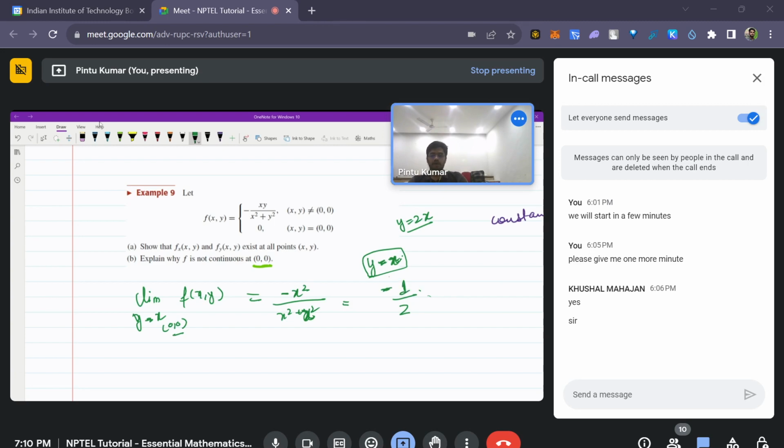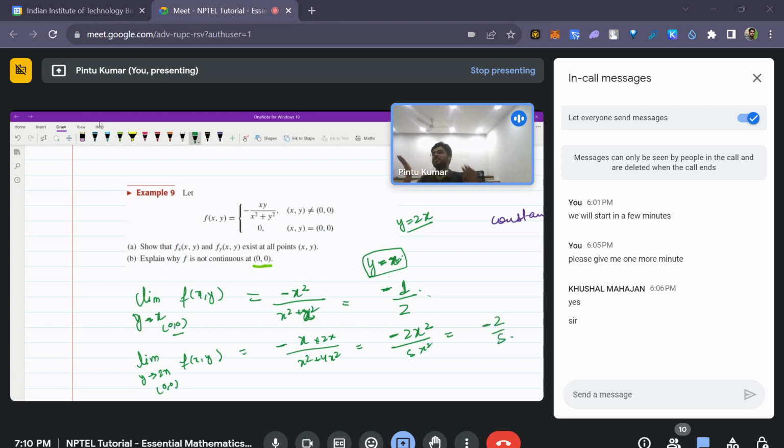And let's look at the other one, which is the limit as y tends to 2x at 0 comma 0 of f of x y. This is minus x into 2x divided by x square plus 4x square. So this is again minus 2x square by 5x square. So this is minus 2 by 5.